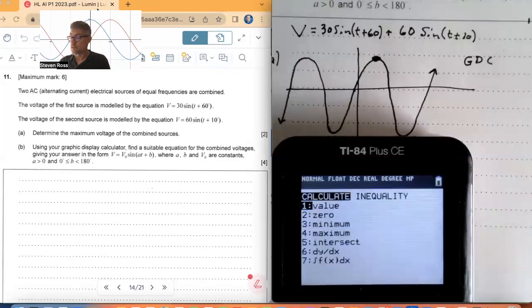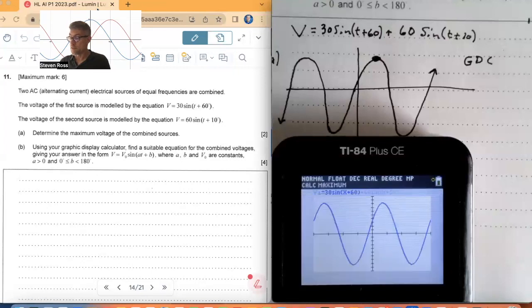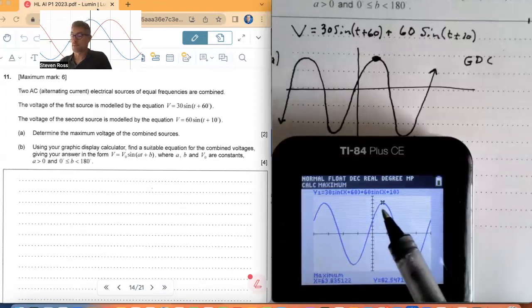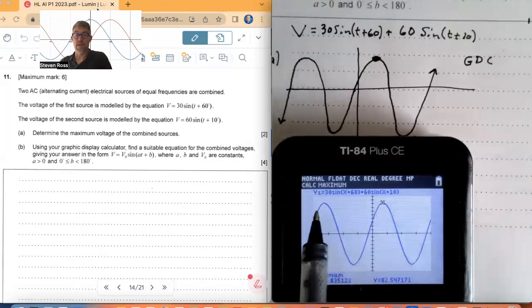I can calculate, find a max, and I'll find that max right there. This graph looks like a very symmetric sine function, and so I'm assuming that this max is going to be the same as this max over here, and that they'll all be the same.